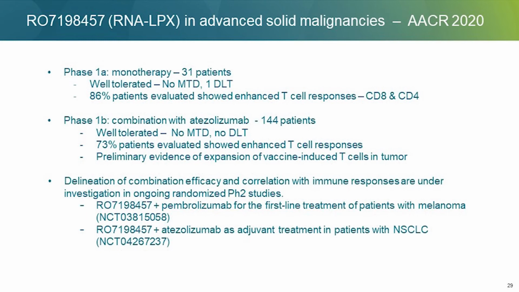We also have a study in combination with atezo in an adjuvant setting in patients with non-small cell lung cancer. I think one interesting advantage of this study is really to understand if in patients with low tumor burden, and also maybe where there is a less immunosuppressive environment, the vaccine in combination with atezo can be more effective.